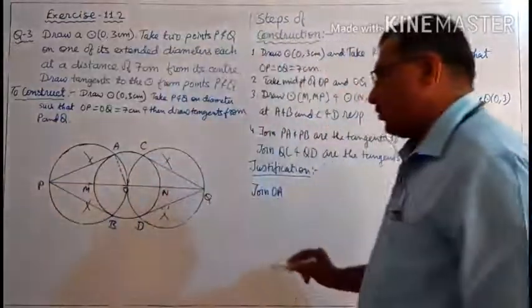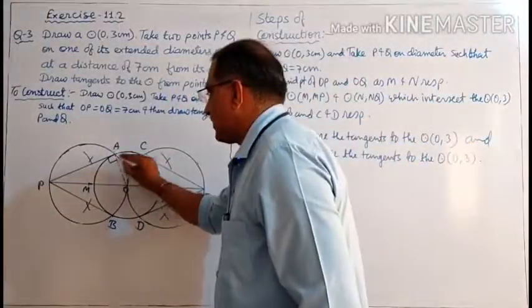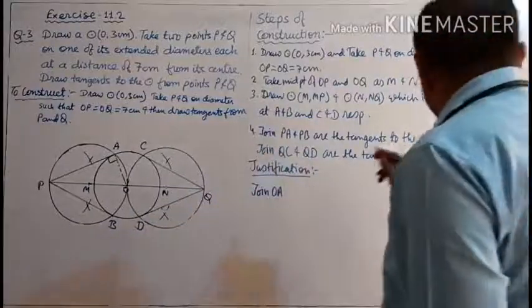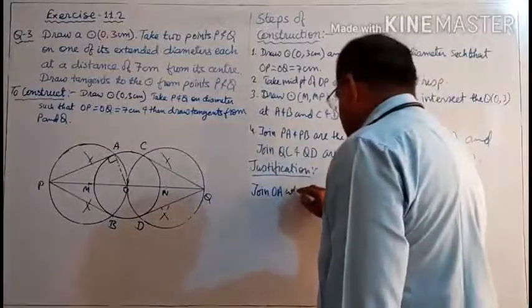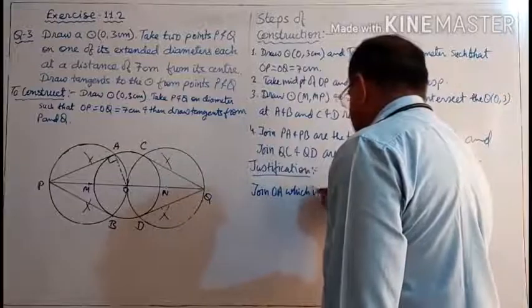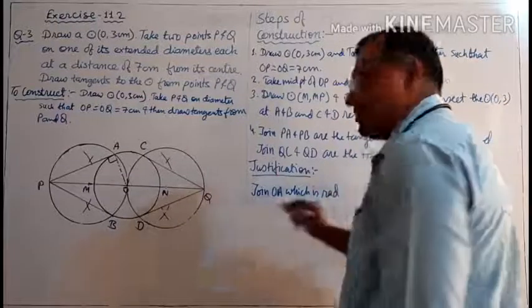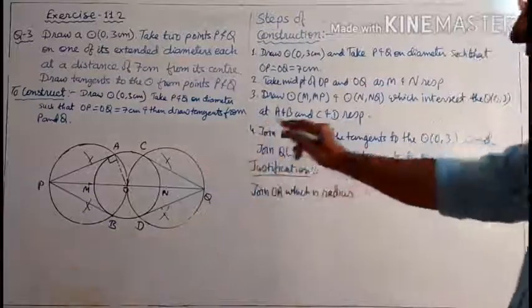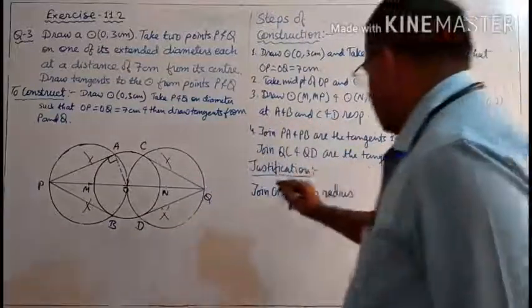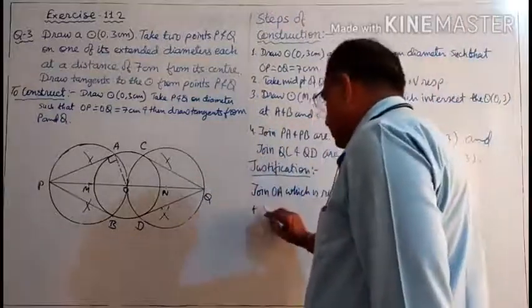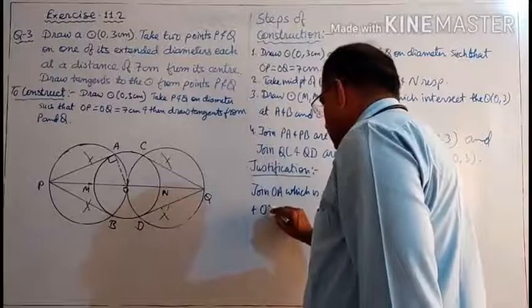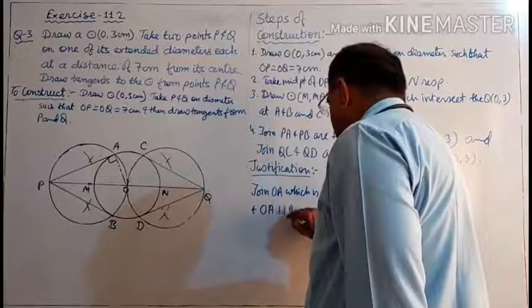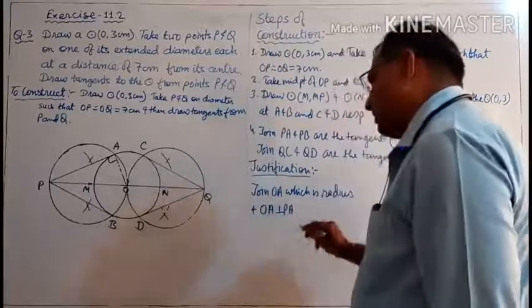When we join OA, this forms a right angle. This OA is a radius, and it becomes perpendicular to PA.